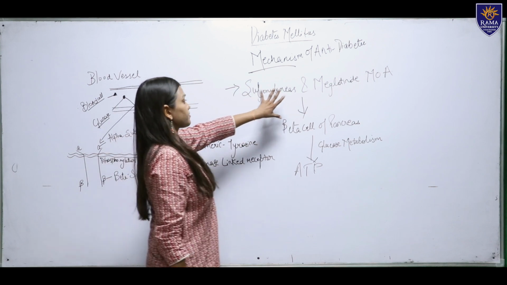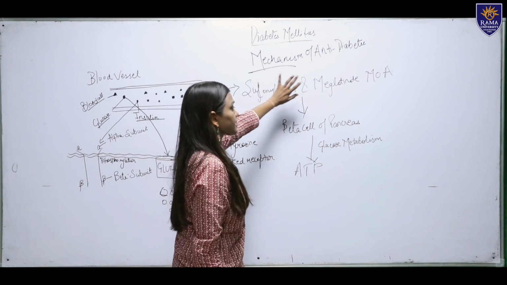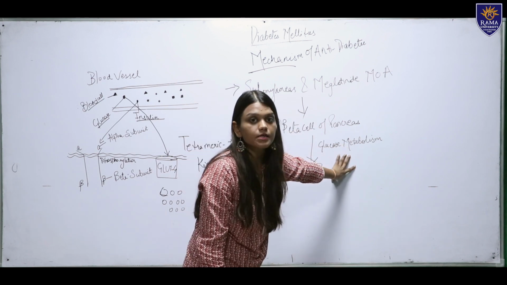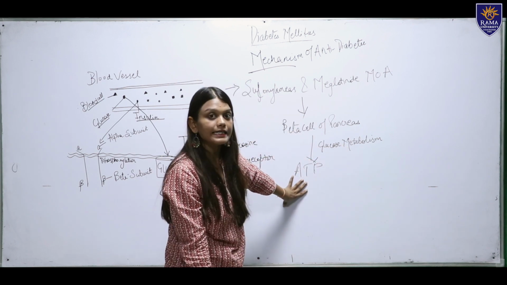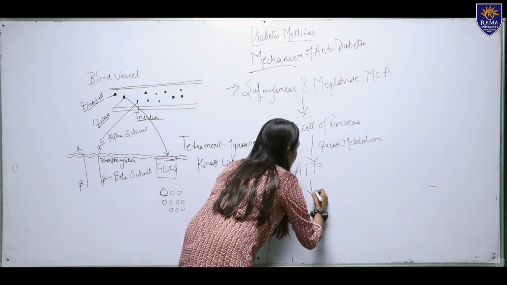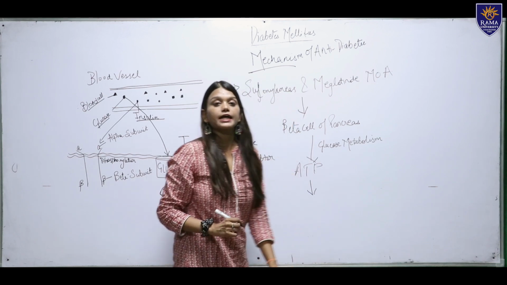What happens in the mode of action of sulfonylurea and meglitinide in beta cells? After glucose metabolism, what is produced? ATP. What does that ATP do? That ATP closes the ATP-sensitive potassium channels.